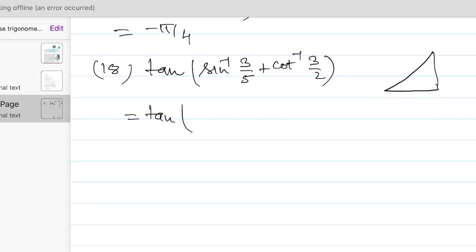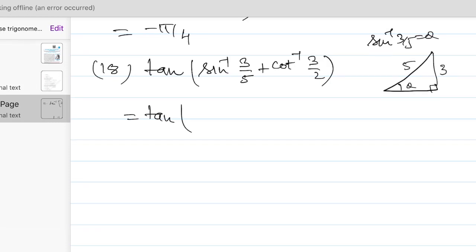Now if you take sin inverse 3 by 5 is equal to theta, then the sides of this triangle will be 3, 5 and 4. So we can find the value of tan theta. This value will become tan inverse 3 by 4.